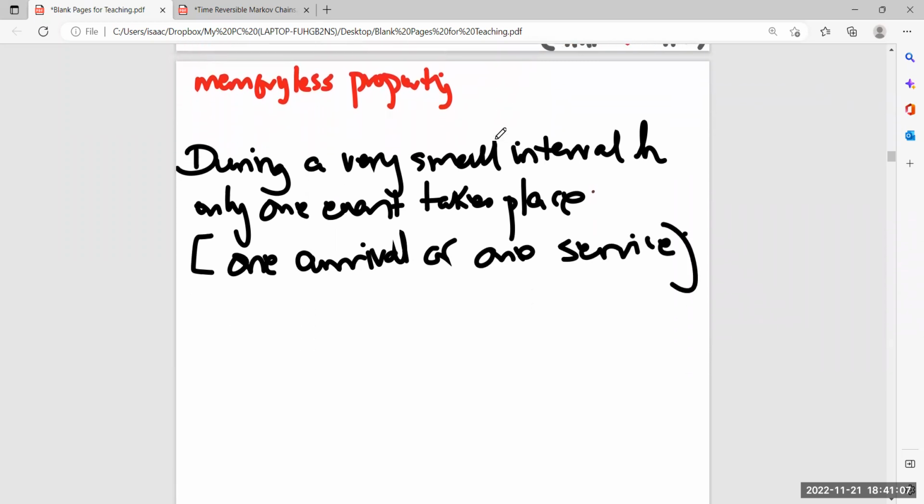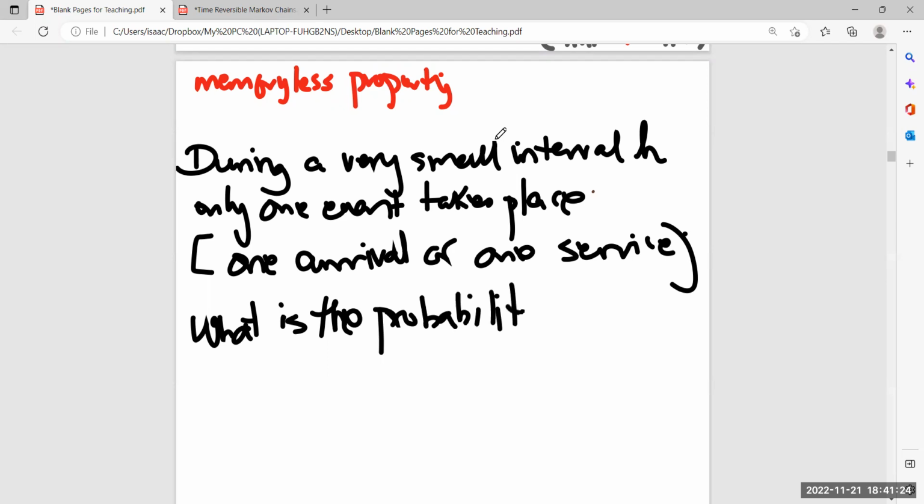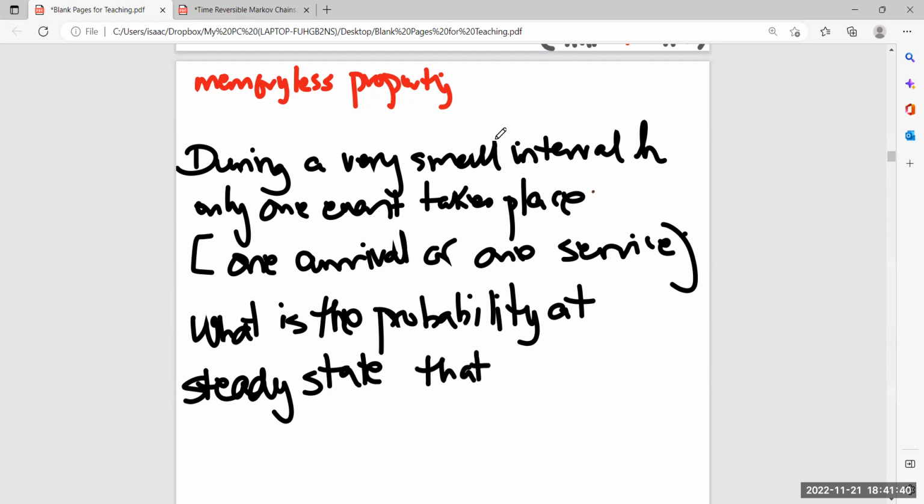And this is what I mean. What I'm going to do now is define some notation that is going to speak about the probabilities, right? So what is the probability at steady state?